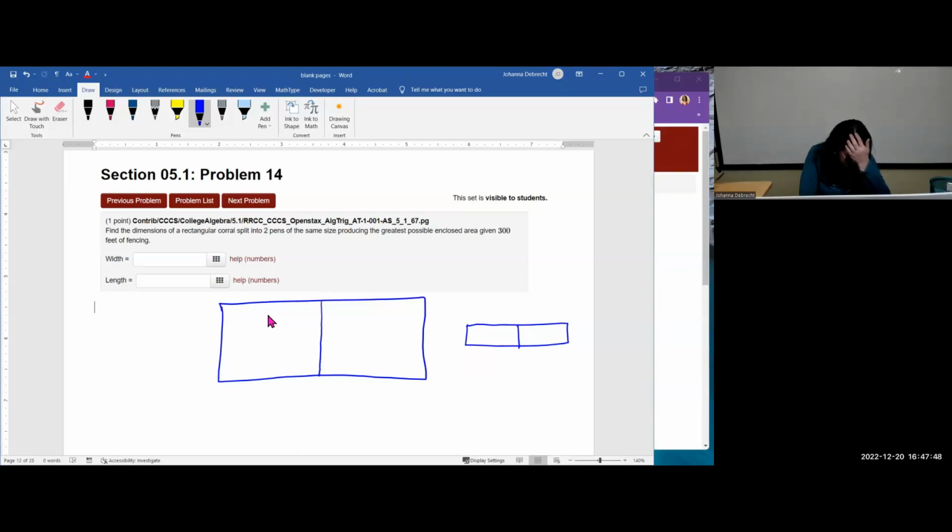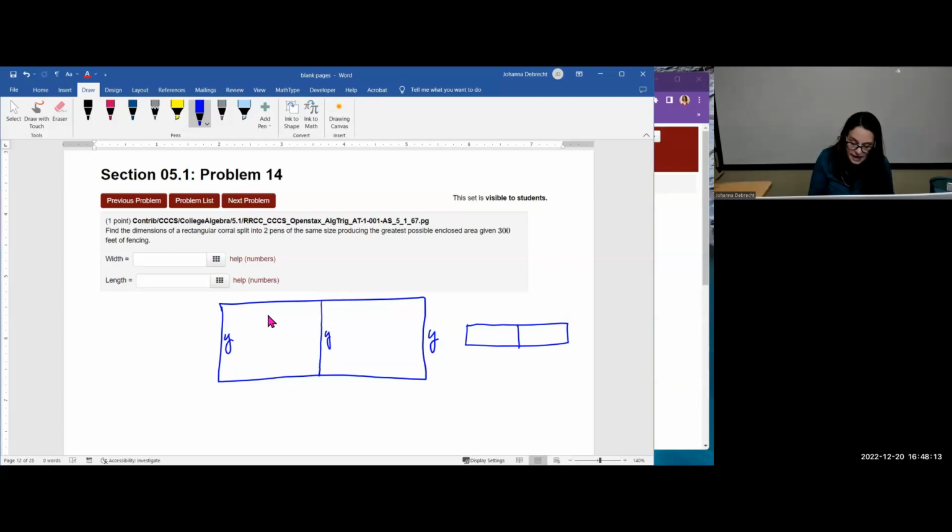Okay, I got to go back to the beginning again. Find the dimensions. Oh, it wants the length and width of this rectangular corral. Well, then I need to call it something. If I call this distance right here y, then that's also got to be a y, and that's got to be a y.